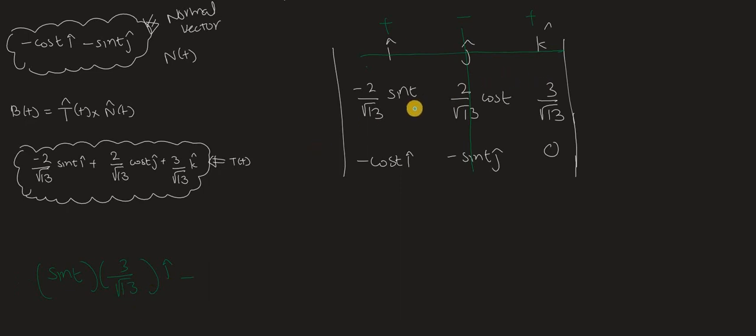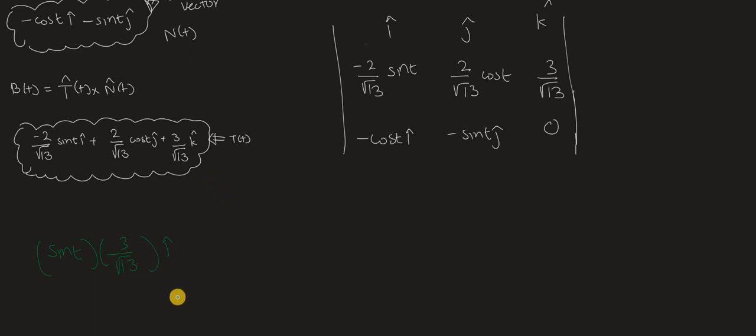So we do this times this, which gives 0, of course, and then we do negative this times this. This gives us cosine t. Of course the negative cancels out, so this is going to give us positive cosine t times 3 over square root of 13. So let me write it over here, plus cosine t times 3 over square root of 13 j hat.